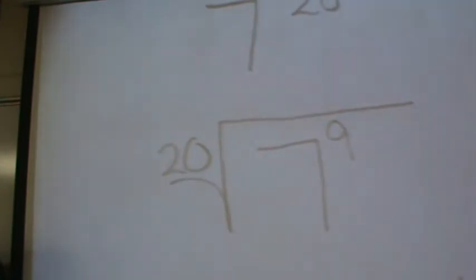What does this look like with a radical? The 20th root, and the inside is a 9. So 7 goes under the radical, 7 to the 9th power, and the index is 20. Perfect. This is your best answer.